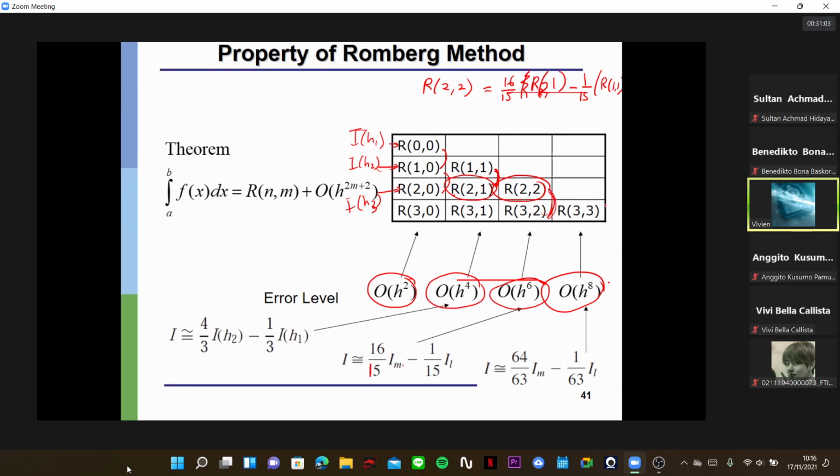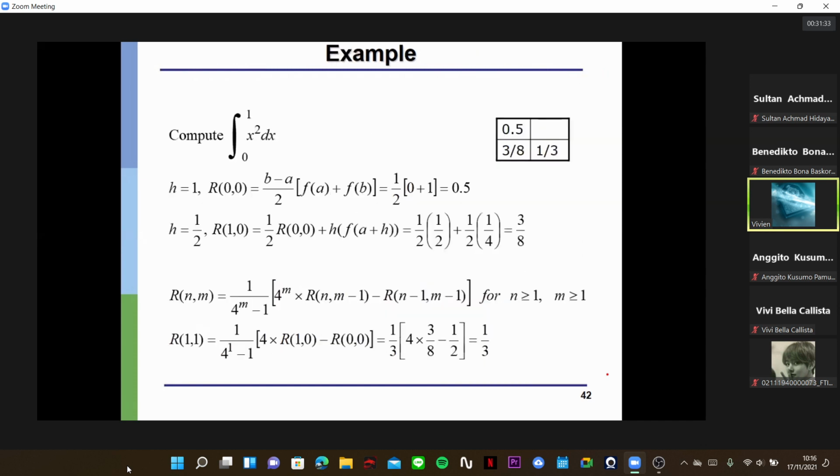To calculate the new area, it will be 64 over 63 times the integrated area of more segments, which is R32, minus 1 over 63 of the integral using fewer segments, which is R22. So this is how to get a more accurate result, to the higher order level.